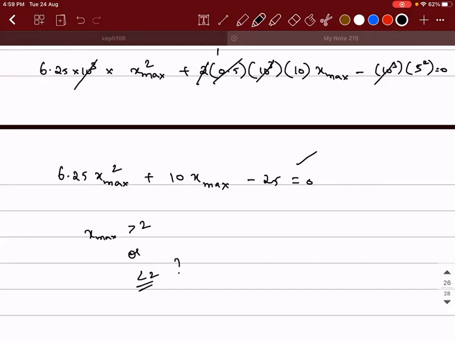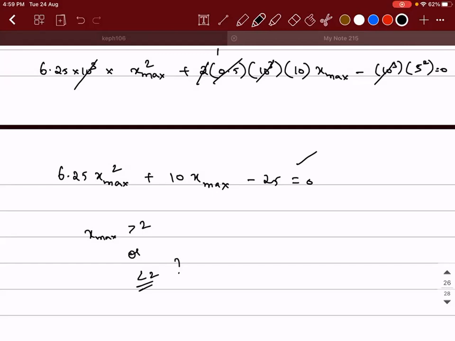Why did I take 2 as a reference? Because in the previous problem we got the answer as 2. Do you think the answer will be greater than 2 or less than 2? It should be less than 2.